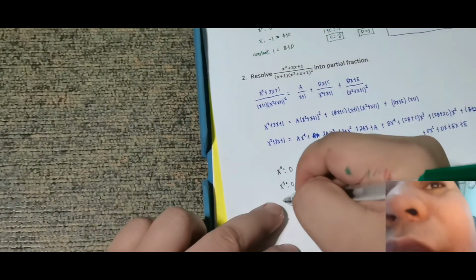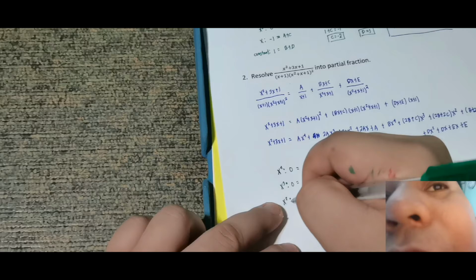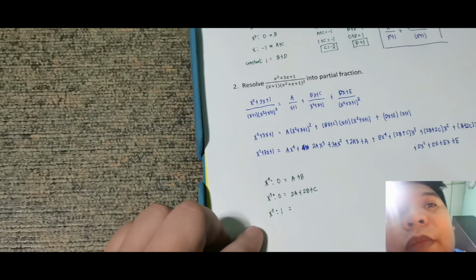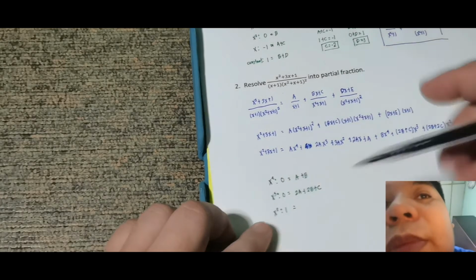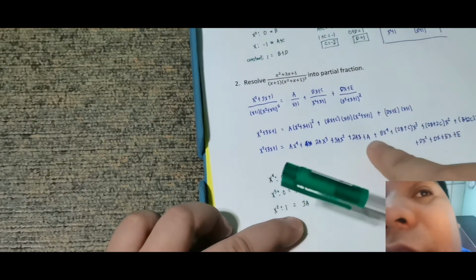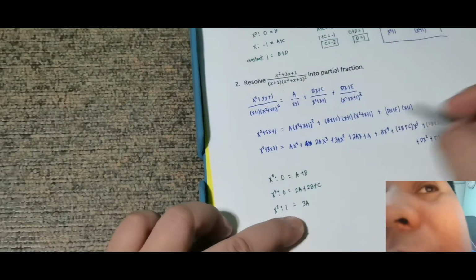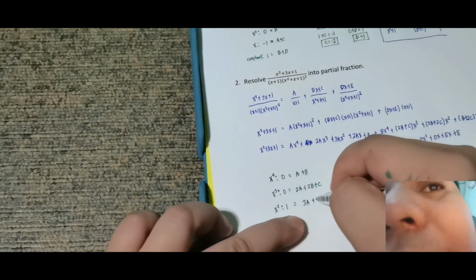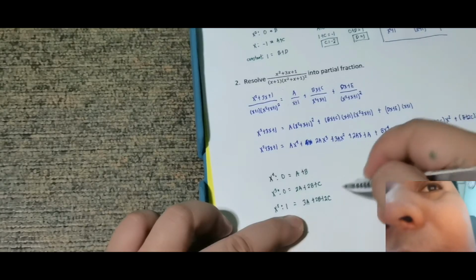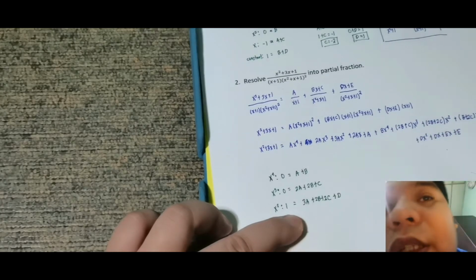Next, sa x squared naman, coefficient meron na dito, equal to sa coefficient ng x squared natin is 3a, meron dito. May 3a, plus 2b plus 2c plus d.